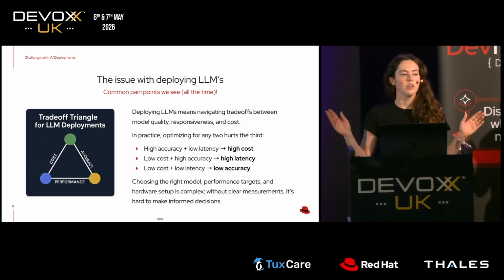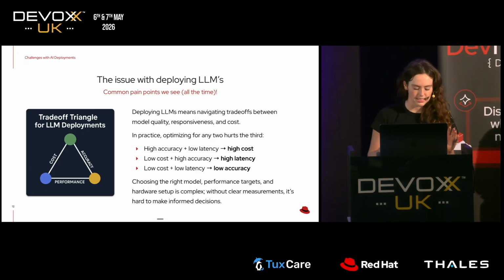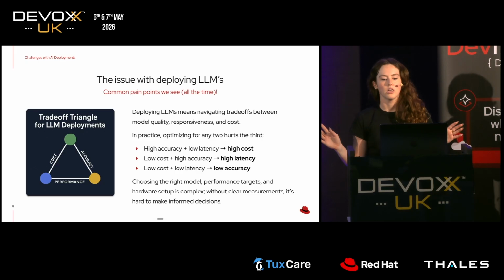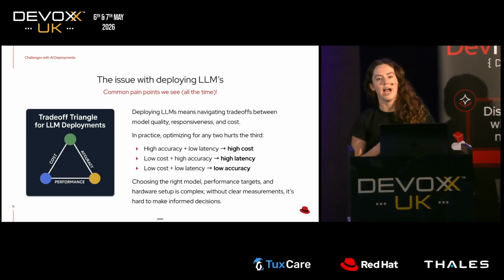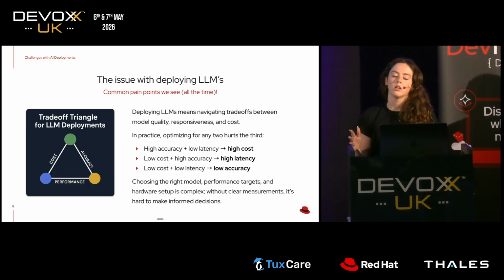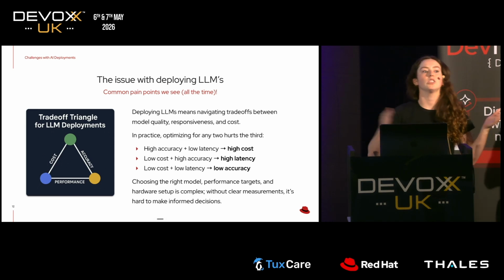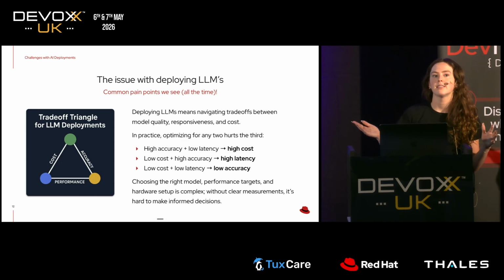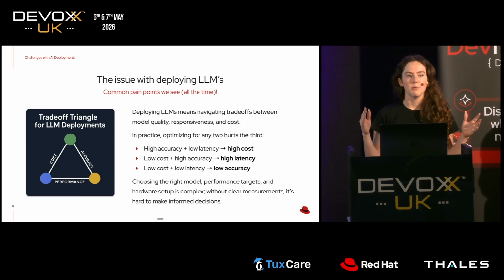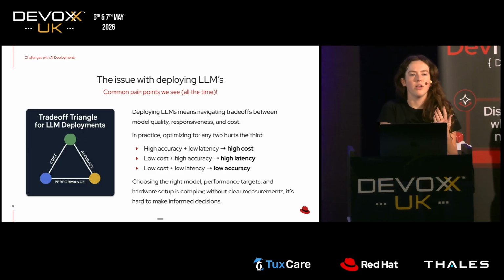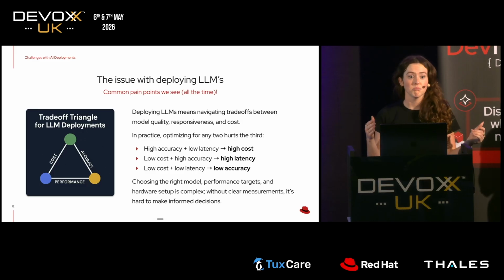Amazing. Okay, the issue with deploying LLMs, this is the thing that we have to think about. If you really want high accuracy, likely the thing that you're going to do is run a larger model, right? It's been trained on a bunch of data. For reference, OpenAI's newest release, people guess, is like 3 trillion parameters, whereas when I run something on my machine, it's going to be anywhere from 1 to 20 billion.